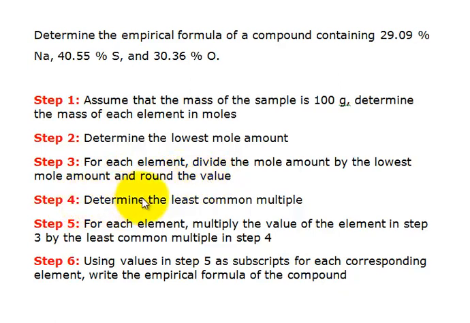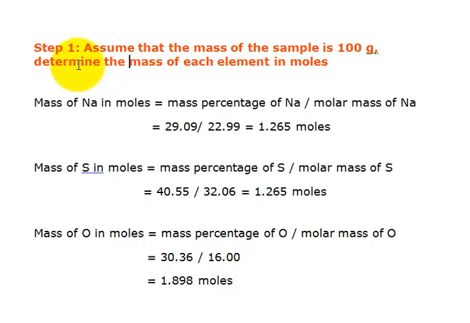Step 4 is to determine the least common multiple. Step 5, for each element, multiply the value of the element in step 3 by the least common multiple in step 4. And step 6 is using values in step 5 as subscripts for each corresponding element, write the empirical formula of the compound.